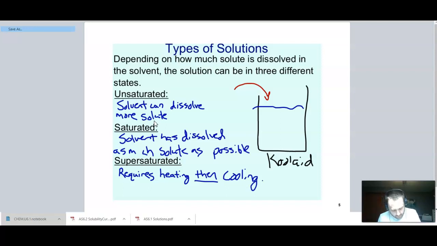But basically you've almost tricked the chemistry into more solute being dissolved than should be allowed. And you'll see this in the lab that you're going to do, that it's really unstable, in terms of like you can shake the thing and you're going to actually see crystals form out of it.